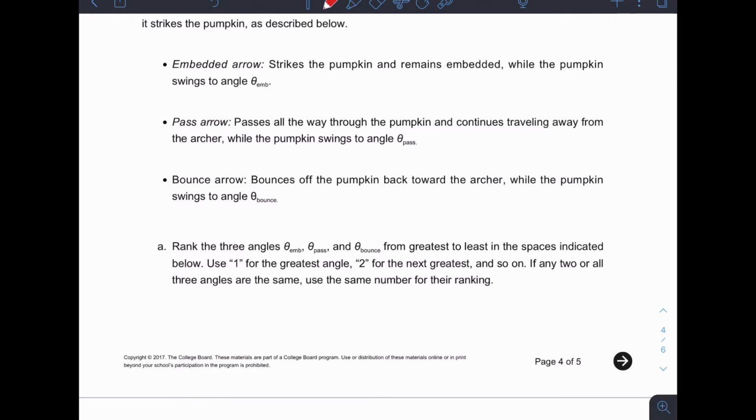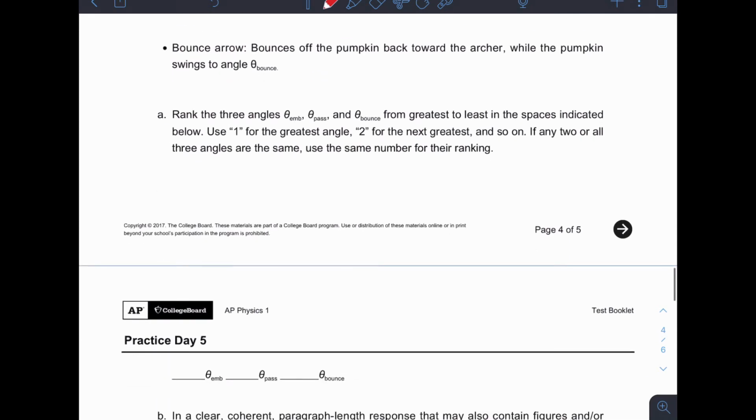The pumpkin has no momentum initially, but after they collide, they both have to add up to the same momentum that the arrow had originally. So what we have there then is the ranking system.